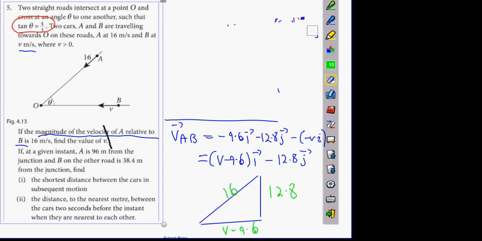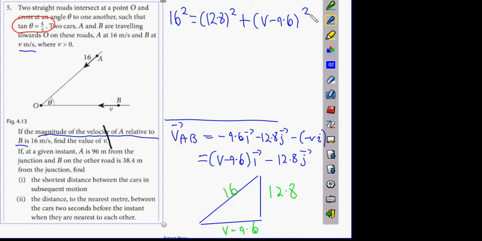So what I'm trying to do here is the quadratic formula. We're going to get 16 squared equals 12.8 squared plus v minus 9.6 squared. 16 squared is 256, is it? Or something bigger than that?